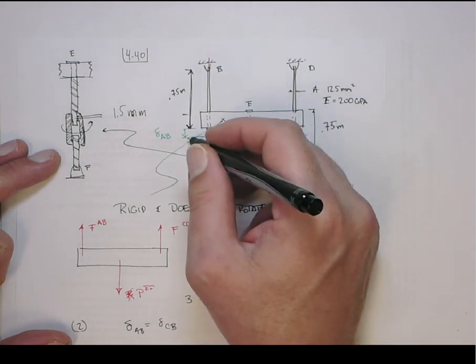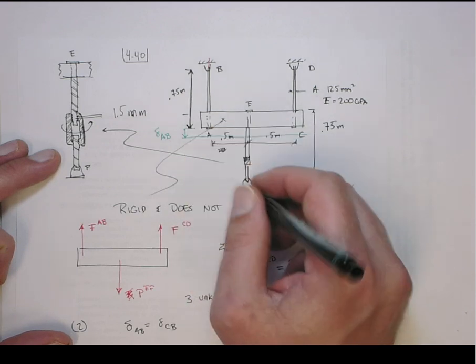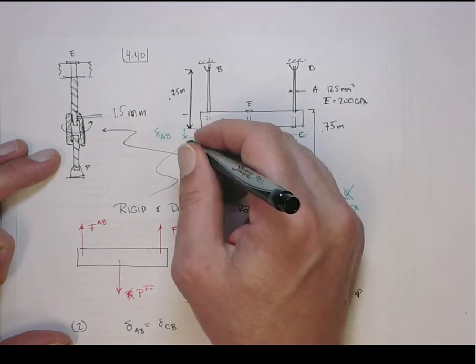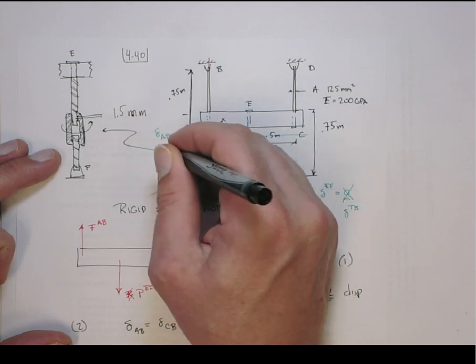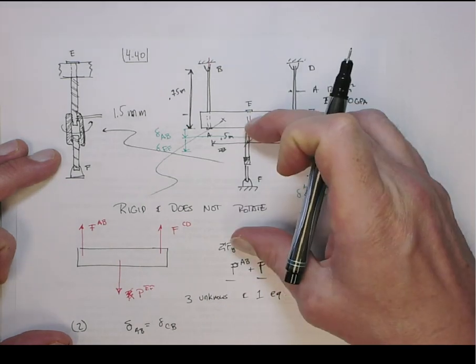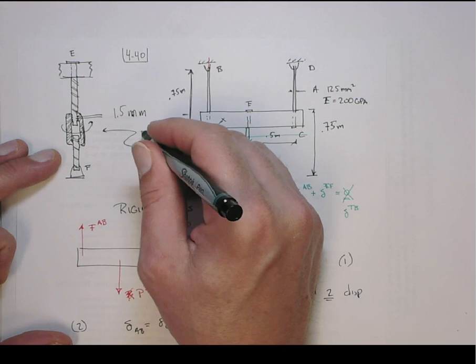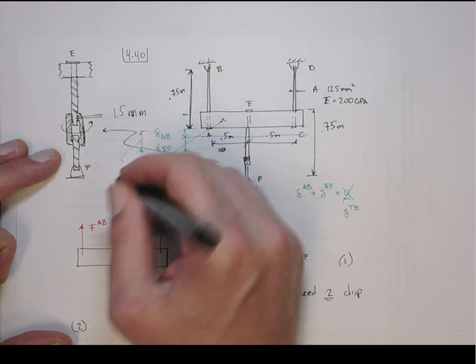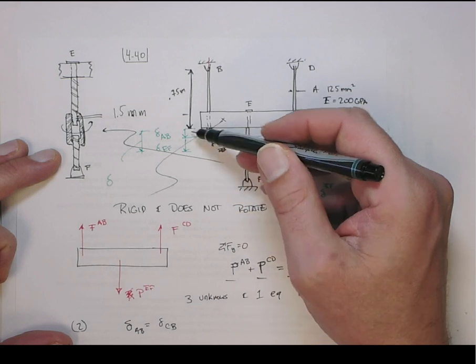Here's the delta AB. That moves point E down here, and then you add on to it delta EF, how much that elongates. Then this is the total elongation.